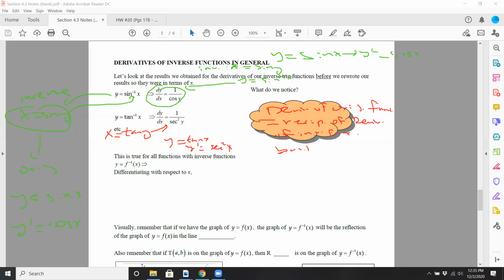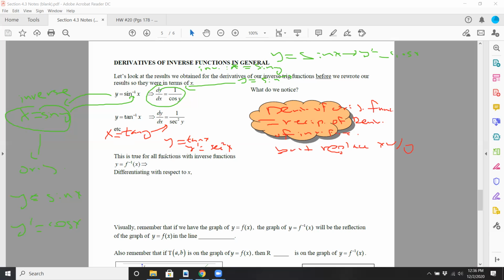But replace x with y, or vice versa. So that's what we're noticing here. And this is true for all functions with inverse functions.